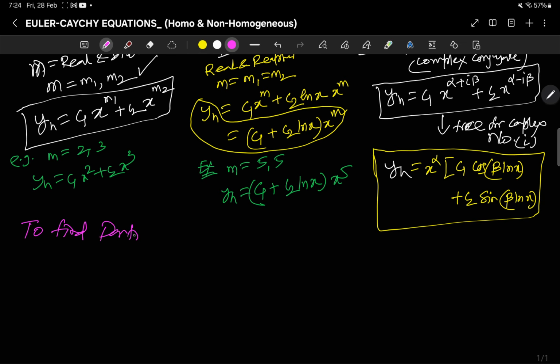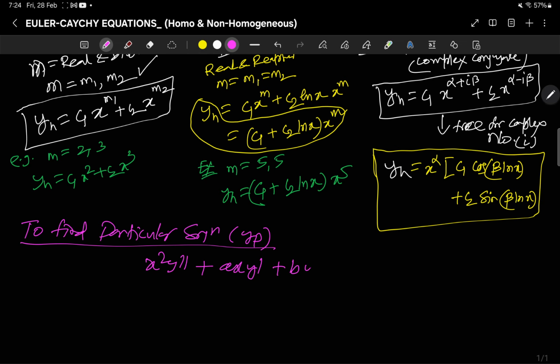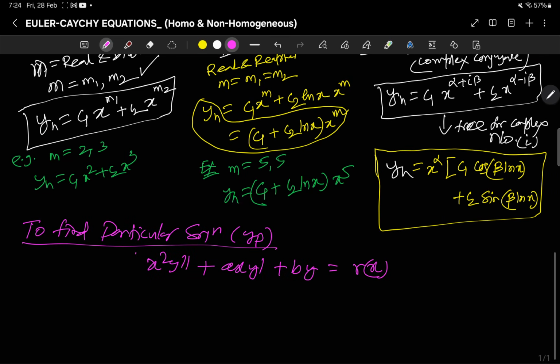Yp. Okay, so here x square y double dash plus a x y dash plus b y is equal to r x. Okay, so first you have to divide this. Right?